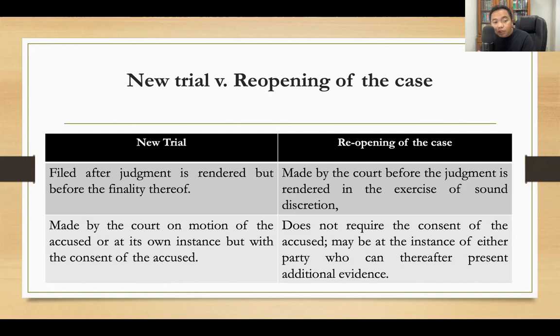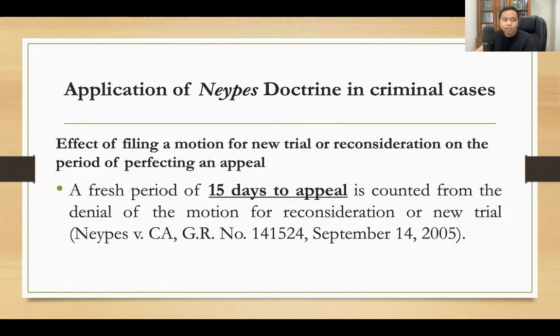A new trial is granted by the court on motion of the accused or at its own instance, but with the consent of the accused. Reopening the case does not require the consent of the accused, and it may be done at the instance of either party, who can thereafter present additional evidence.